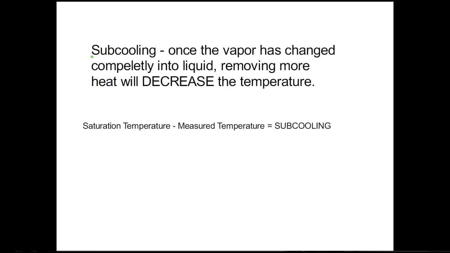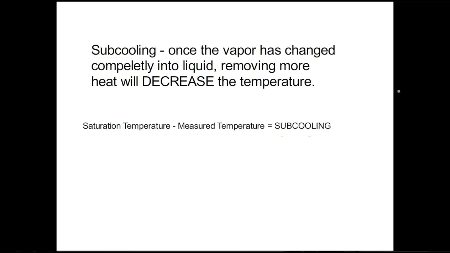So subcooling. Okay, so once our vapors change completely back into liquid, and we're 100% liquid, removing heat will decrease the temperature. So we're removing sensible heat. So if you take your saturation temperature and then you measure the temperature of the liquid, the difference is subcooling.